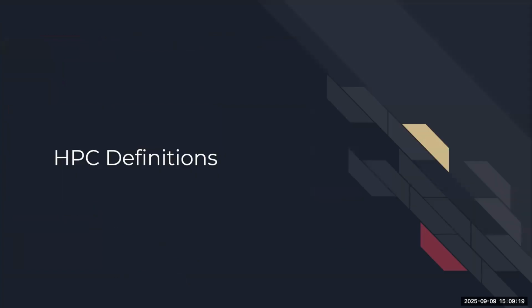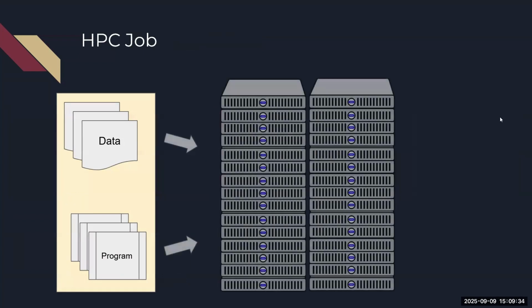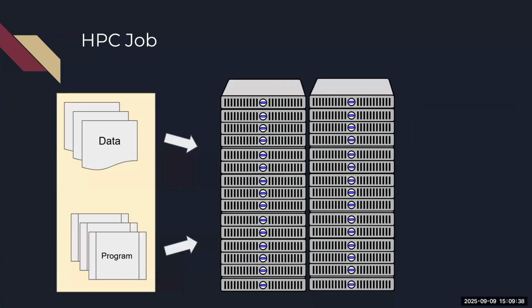So, HPC definitions. When you are running a program on your computer, you take your program and your data and you can just click run, right? What you're going to do for a high performance computing job is submit your data and your program to the HPC. You've seen a server room. That's essentially what our HPC is.